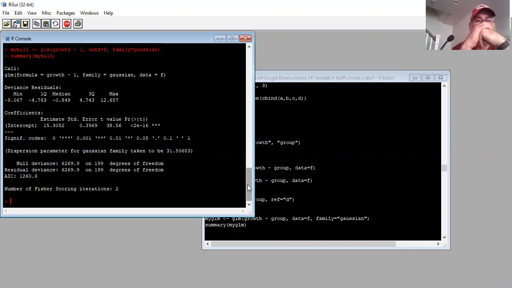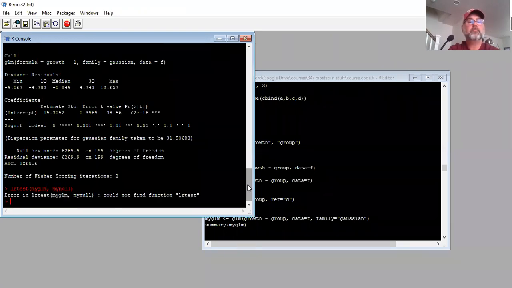But let's run a likelihood ratio test just to confirm. So what we do is LR test, and we're gonna do my GLM, my null. Did it not work?